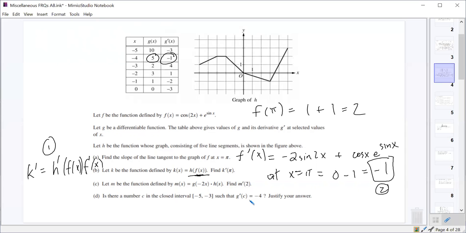If we think about the intermediate value theorem, then we need to look at the values of G prime. And we need to know that G prime is continuous. So it says that G is differentiable. So if G is differentiable, that means that the derivative exists at every single value on this chart, right? Does that guarantee you that G is a continuous function?